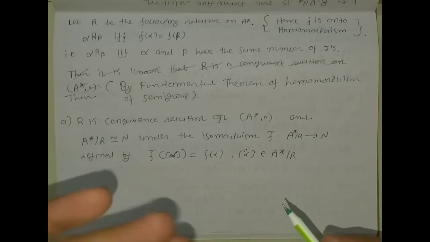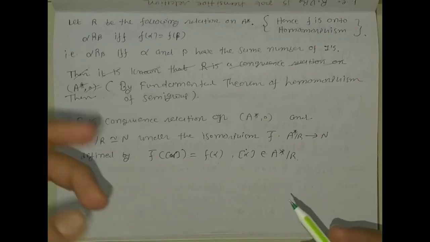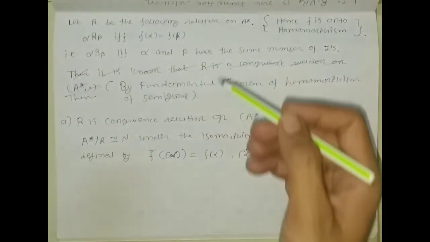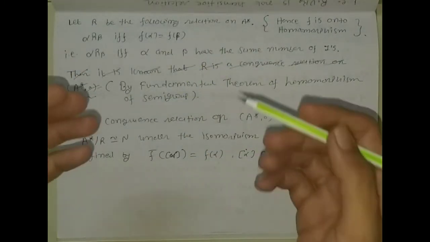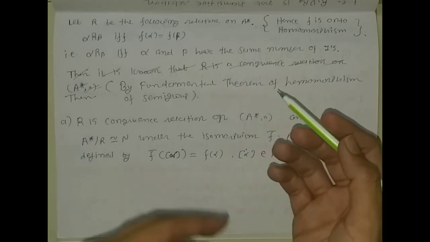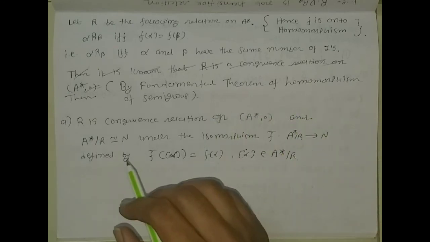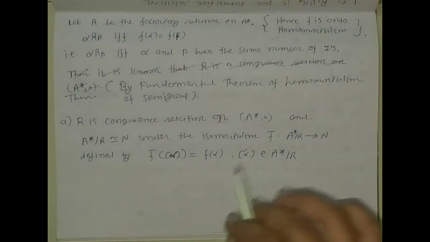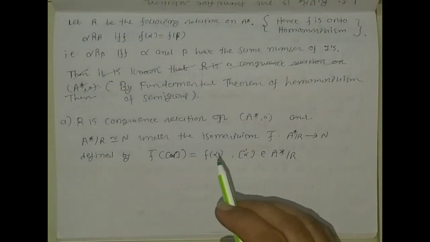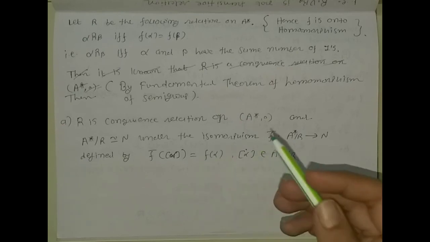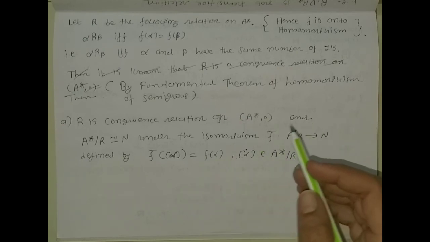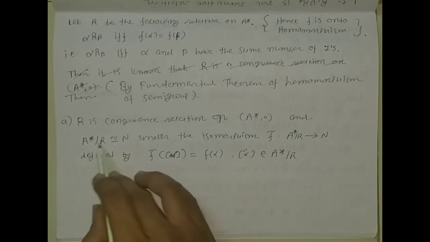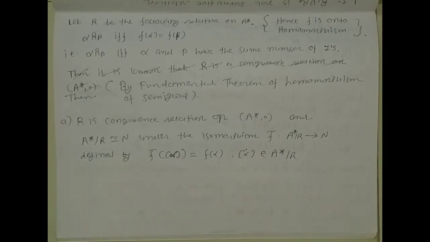So we have derived two statements on the semigroups A star and N. From this we apply the fundamental homomorphism theorem and say that our relation R is a congruence relation, and N is isomorphic to the quotient semigroup of A star.